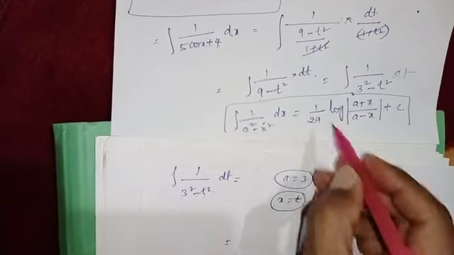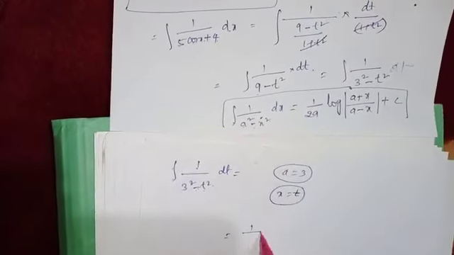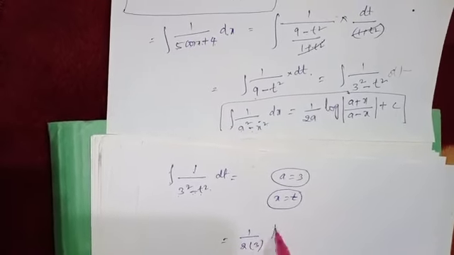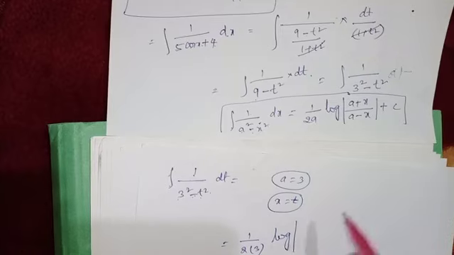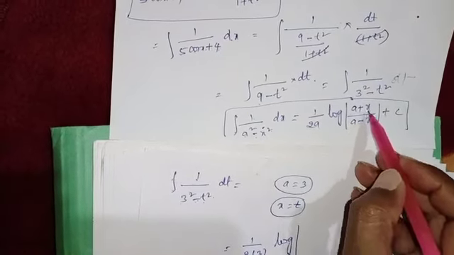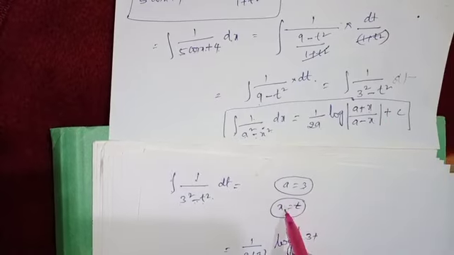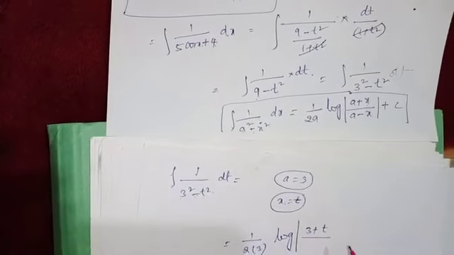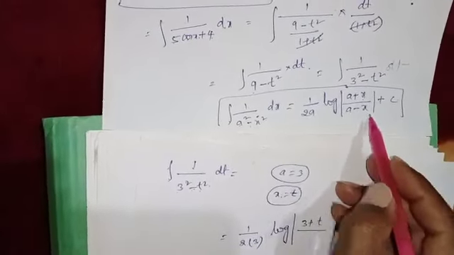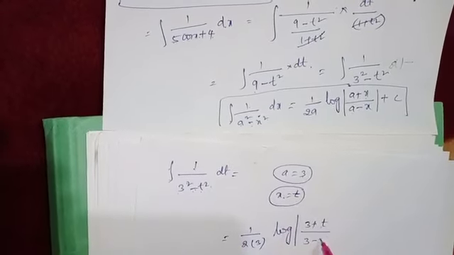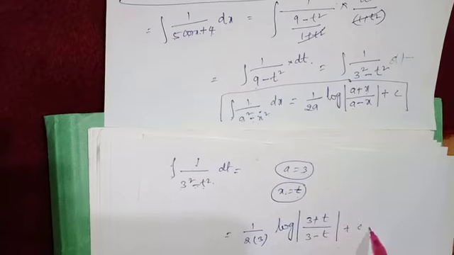That is equal to 1 by 2a. 1 by 2 into a value is 3 log of mod a plus x. A is equal to 3 plus x. X is equal to t over a minus x. A value is 3 minus x value is t plus c.